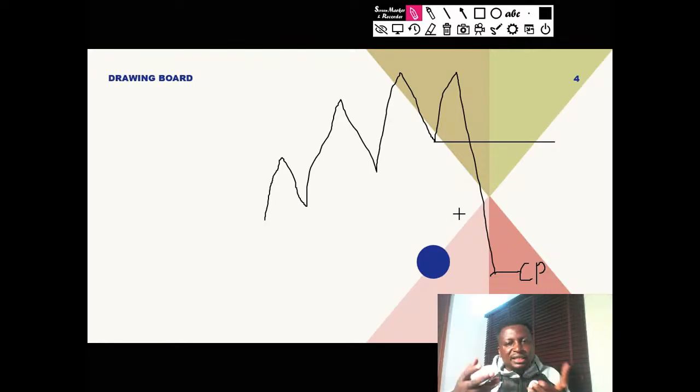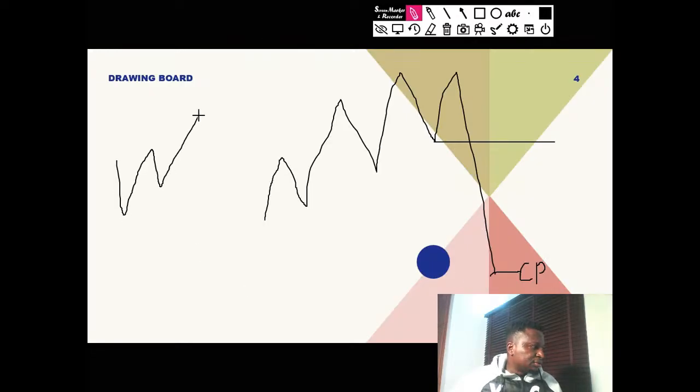Because you would say that this is support, because from what I showed you earlier, this is support, because these are reversal points. Price was buying from here, got here, starts dropping. Price was selling.